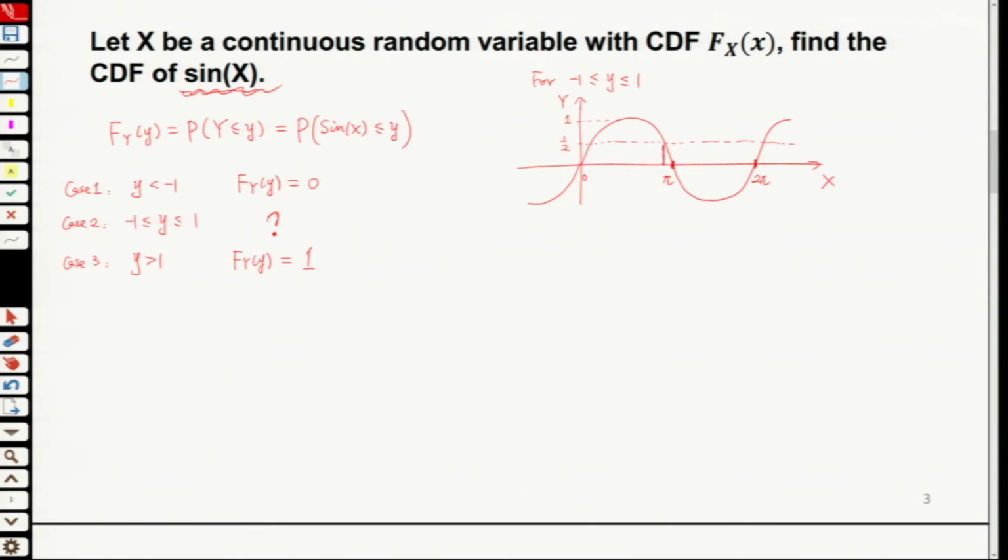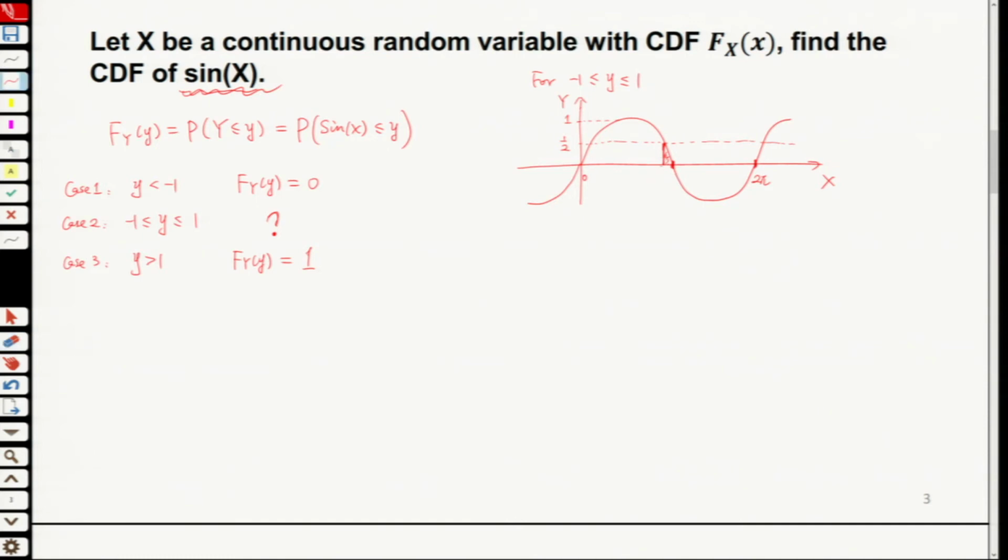So what is this location of 1/2? The sine of 30 degrees, so you should have pi over 6 here, then pi minus pi over 6.